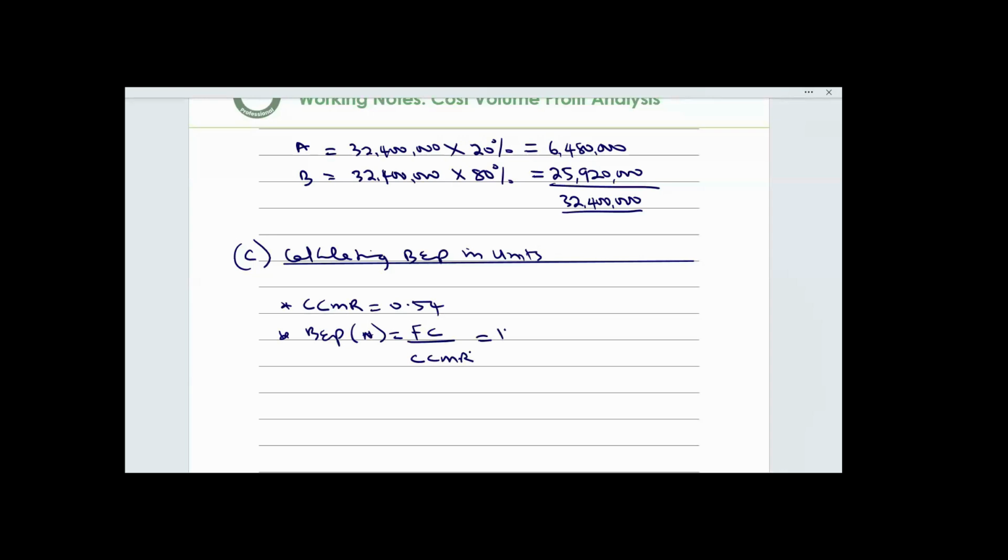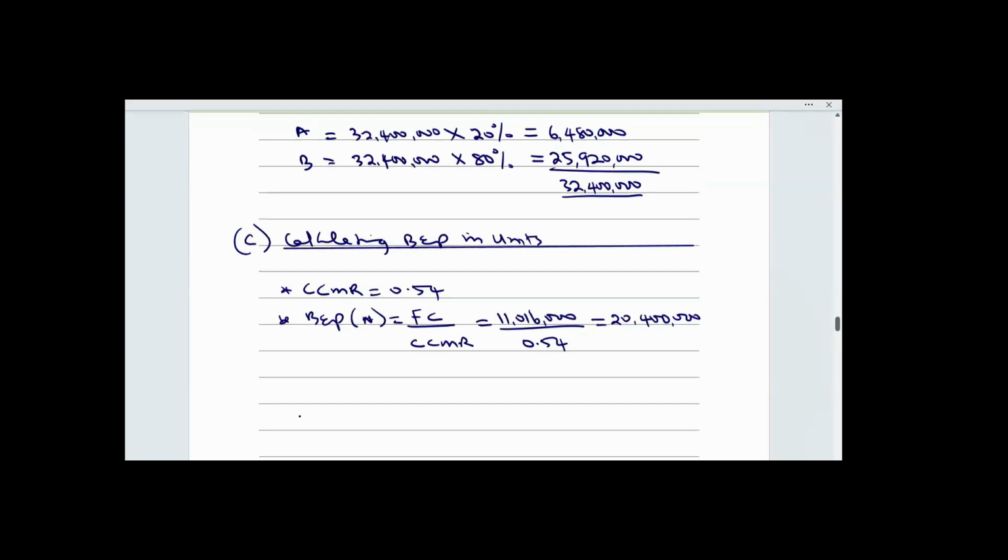Our revised fixed cost is 11,016,000. So 11,016,000 divided by 0.54 is 20,400,000. That's the overall break-even point in Naira.